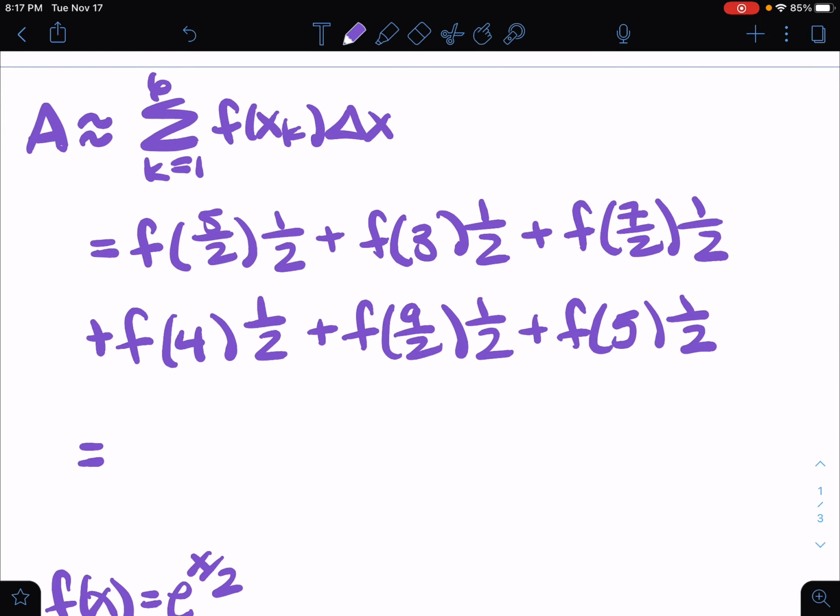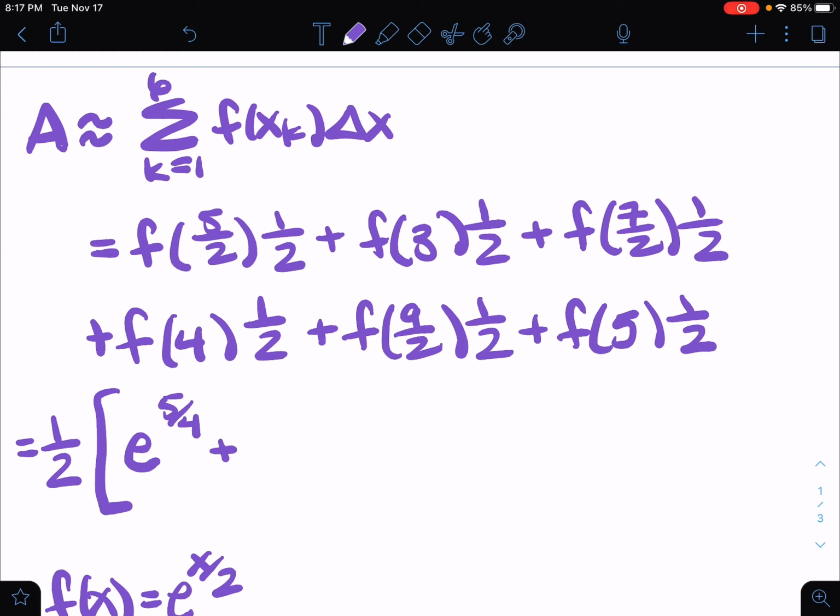F of 5 halves is e to the 5 fourths. So we have e to the 5 fourths, and I am going to go ahead and factor out the 1/2 to make this a little bit less writing for me. So each of those terms has a 1/2, so we'll factor that out.